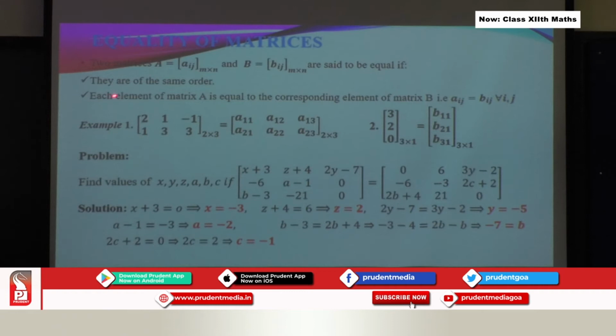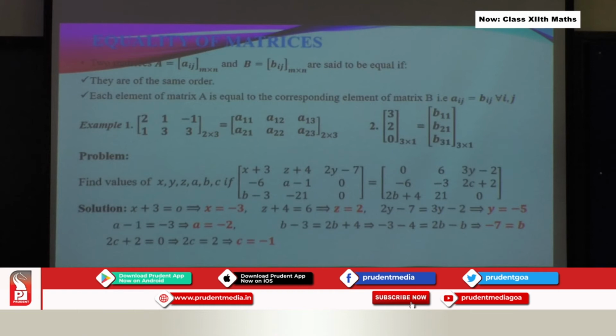So here they are of the same order. Both matrices we consider are supposed to be of the same order. Next, each element of matrix A is equal to the corresponding element of matrix B.